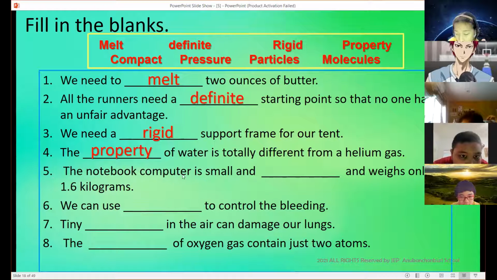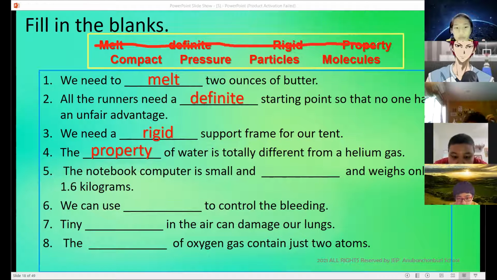The notebook computer is very small and blank and weighs only 1.6 kilograms. What's your answer? Pressure. Okay, I will just mark everything here because all the answers here were taken, right? So your answer is pressure.